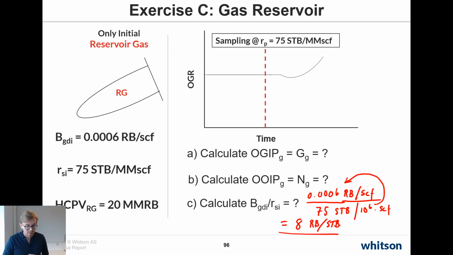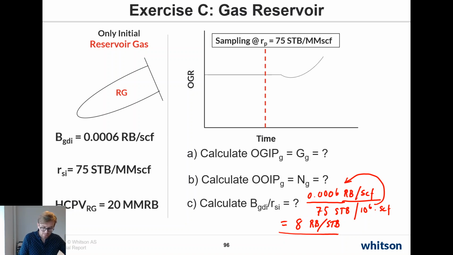So that's good. The second thing we mentioned earlier was that, once we have this number, we can apply it the same way as we've done for an oil reservoir. And here we know that the hydrocarbon pore volume is 20 million reservoir barrels. So we've made it easy for us in that sense.